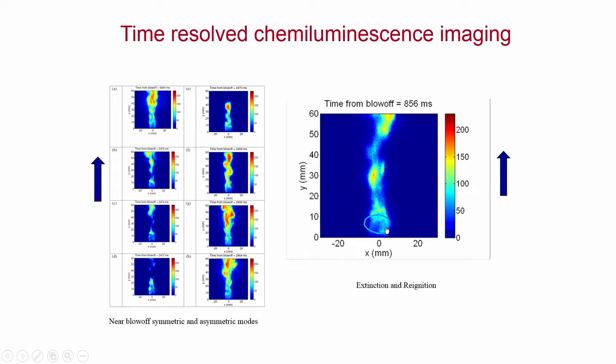It can release heat only when you have flames extinguished along the shear layers. Either sideways or downstream, when the flame is extinguished along the shear layers, only the fresh mixture can entrain through the shear layers and pass through unburnt and go into the recirculation zone, and due to the favorable time scales there can react to produce this heat release, which produces this chemiluminescence.